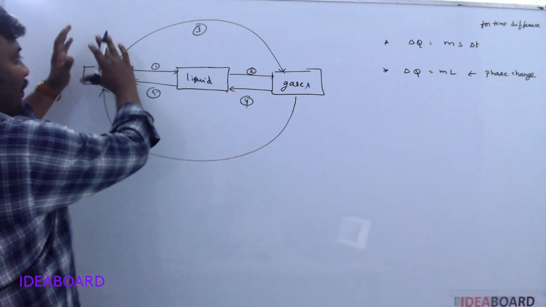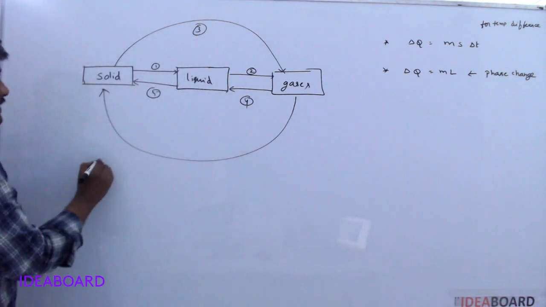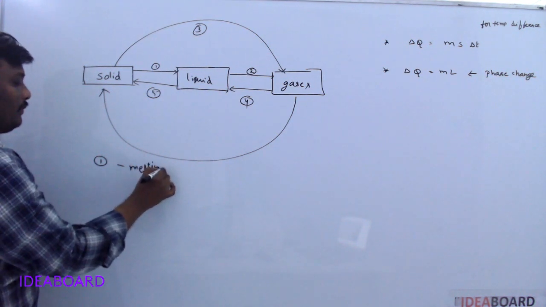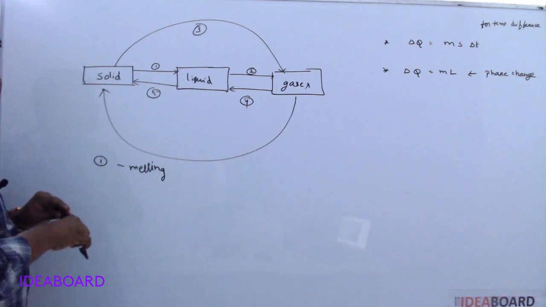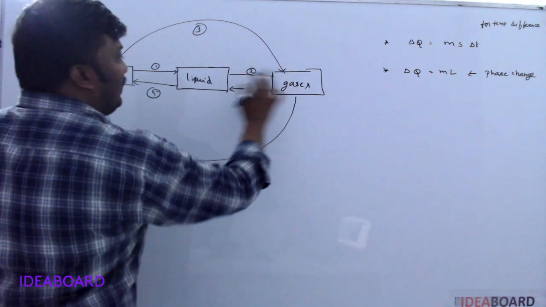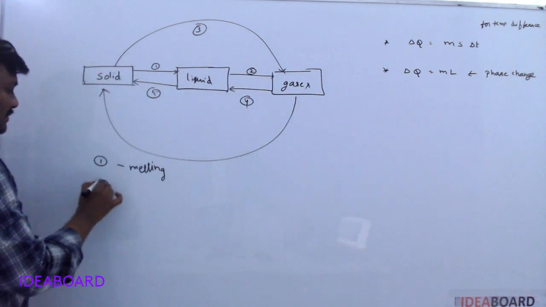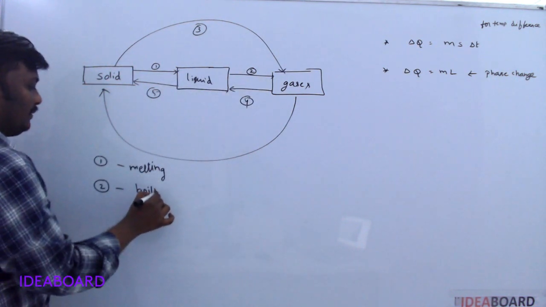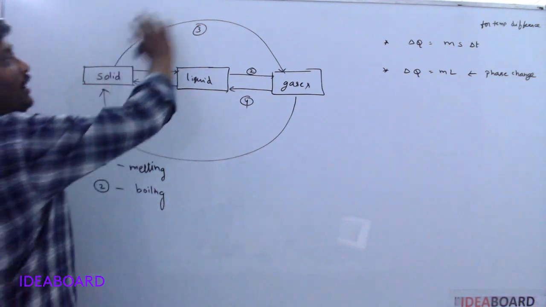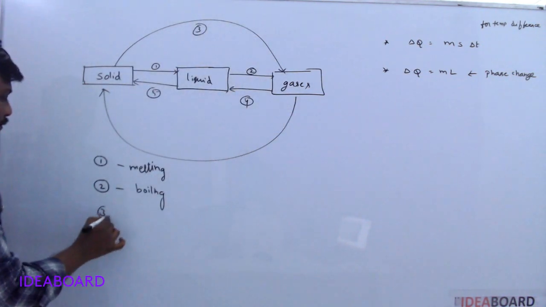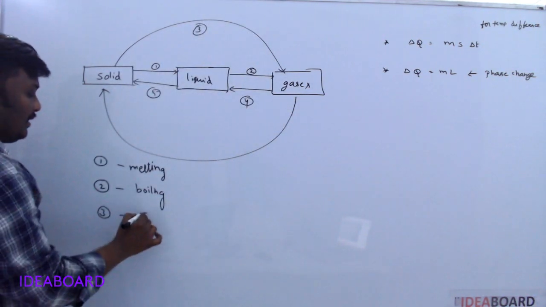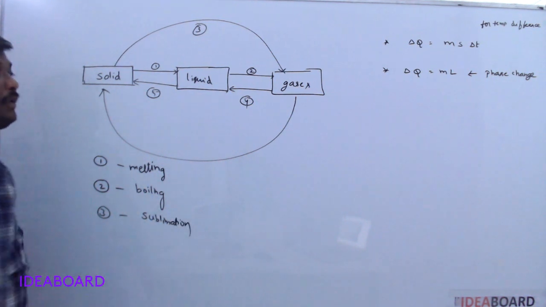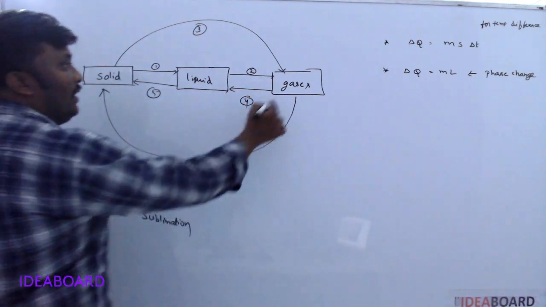The phase change from solid to liquid is called melting. Liquid to gas is boiling. Solid to gas is called sublimation; the process is named sublimation.